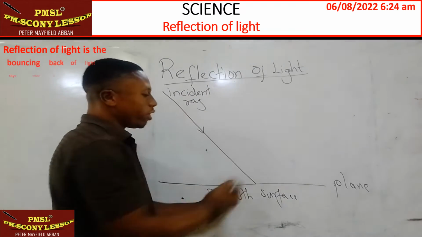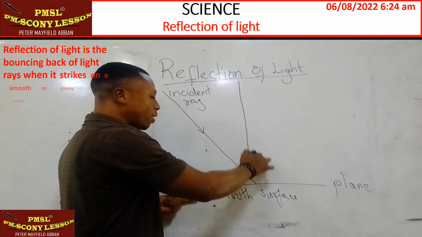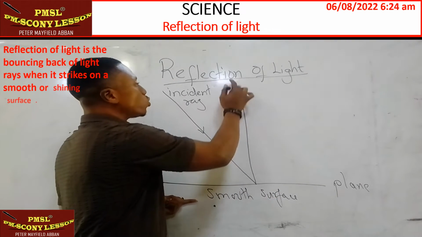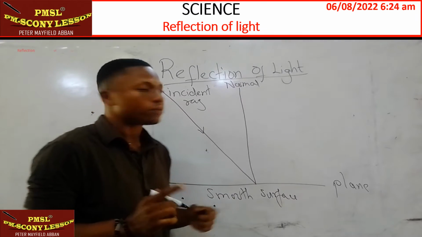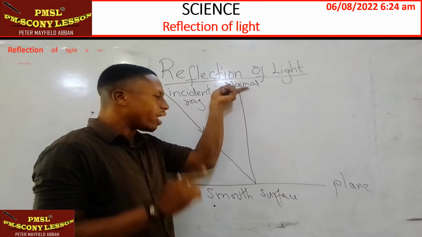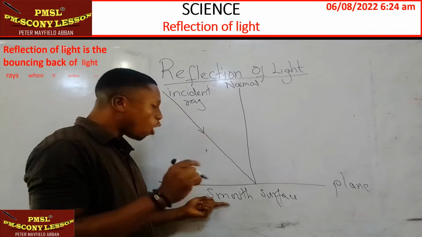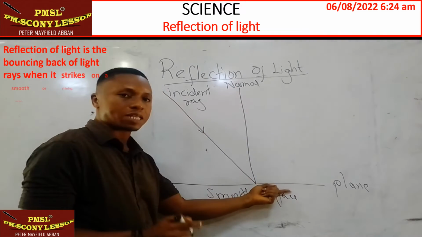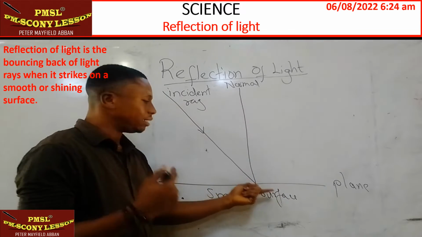As we are saying, this line is a plane. Therefore, it has a normal line. This is what we call the normal. Remember, the normal is always perpendicular to the smooth surface, or the reflecting surface, or the shining surface, or the plane that you are dealing with.